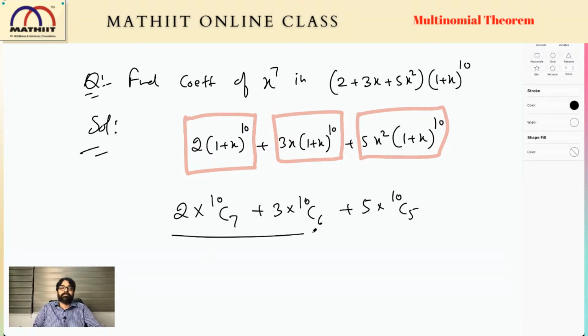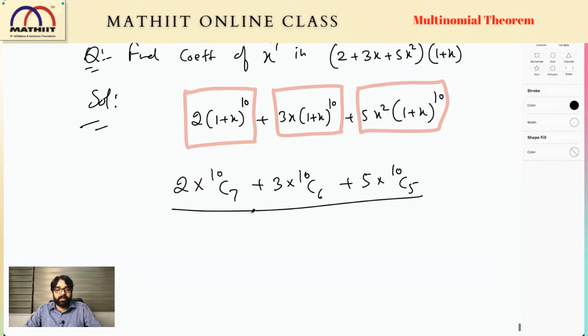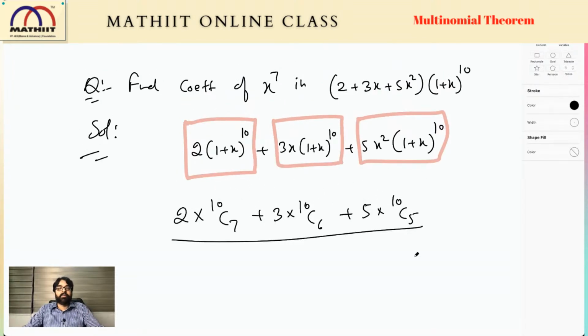This will be the answer. If you understood how to write the coefficient, it's done. Magic done. After that, P and C will look like A, B, C, D. This is the coefficient we got for this.